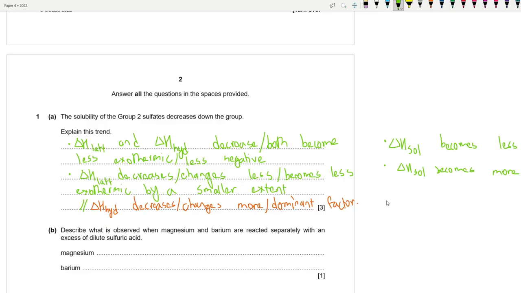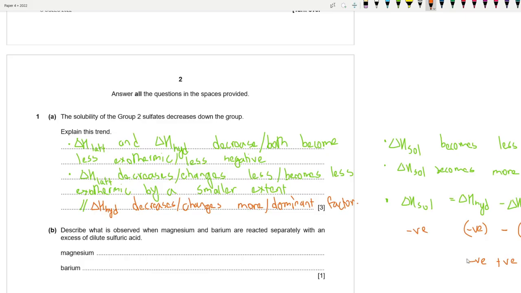Or you could talk about the equation itself. You could say that del H sol is equal to del H hydration minus del H lattice. So this is the main equation. Now we know that this is also negative and this is also negative, but there is a minus sign in front of here. So what does this become? Negative and positive. So we want the whole thing to be negative for this to be soluble.